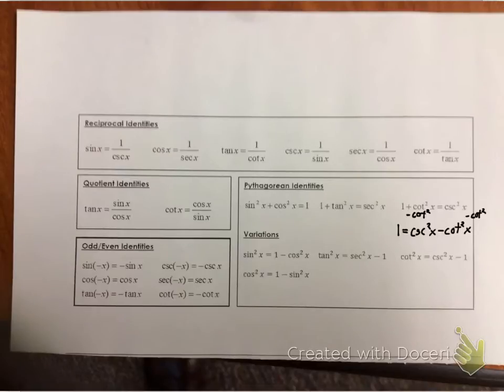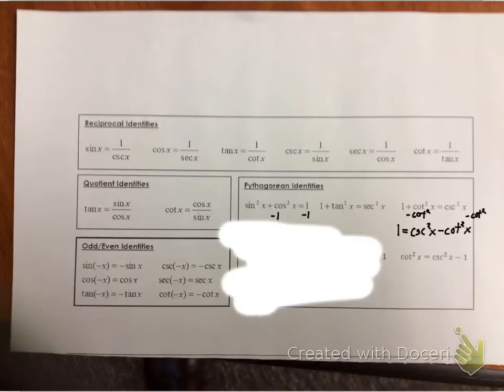If I subtracted 1 from both sides to get the 1 over here, I would have my sine squared x minus 1, but I'd have that cosine still there. What do I have to do to both sides to get rid of that cosine? Subtract the cosine. I would have to subtract that cosine on both sides. And that would give me equals negative cosine squared x.